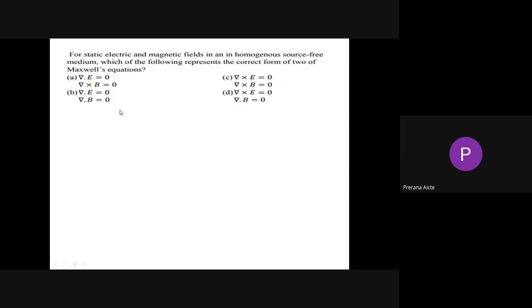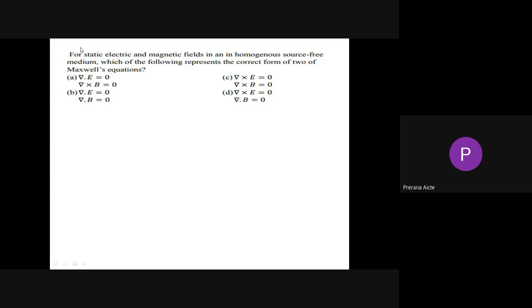Now, for static electric and magnetic fields in a homogeneous source-free medium, which of the following represents the correct form of two Maxwell equations? See the question: static electric and magnetic fields, not for free space medium and not for time-varying fields. Which equations are correct for Maxwell equations in static?